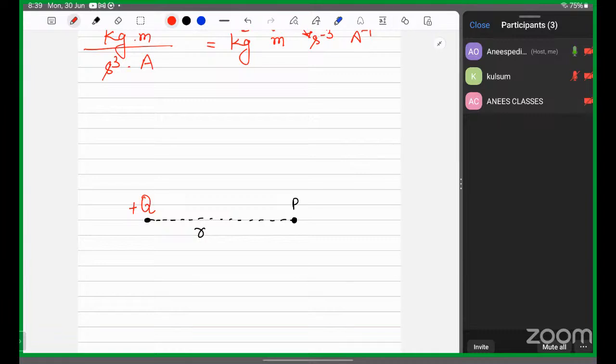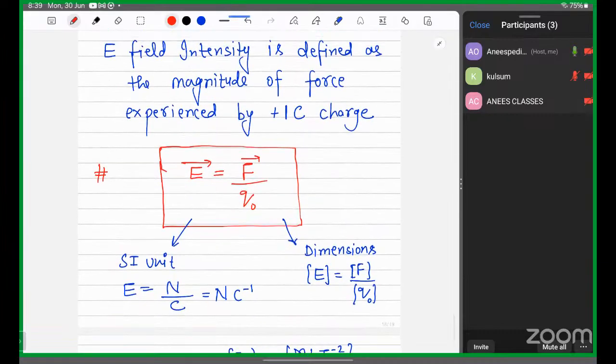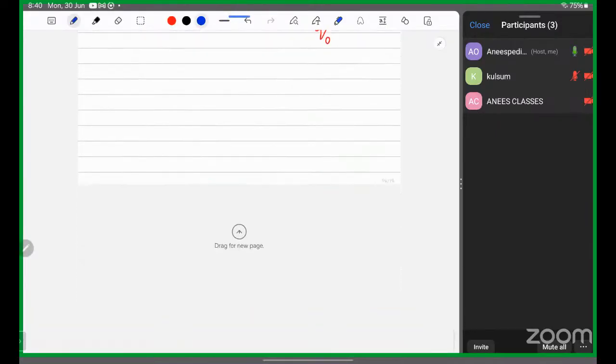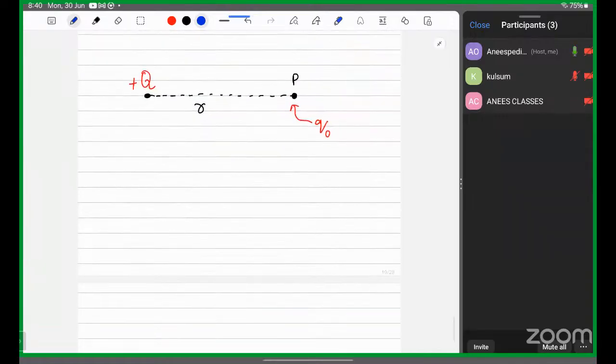So we will use the basic definition of electric field intensity, which is E equals F divided by Q naught. So I will introduce Q naught at point P because I am interested in electric field intensity at point P. Let's say I put a positive test charge Q naught at point P. If the distance between charge plus Q, capital Q, and Q naught is R, what will be the electrostatic force or Coulombic force between these two charges?